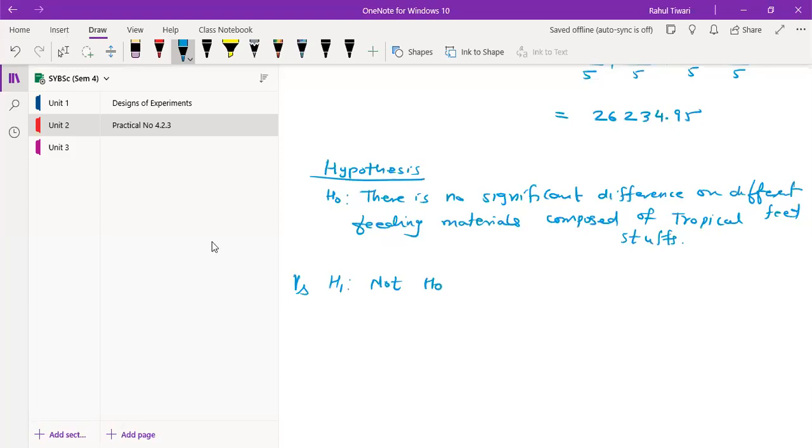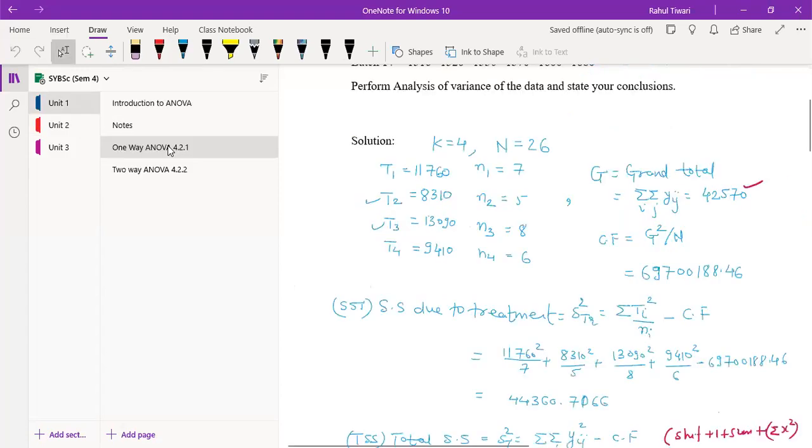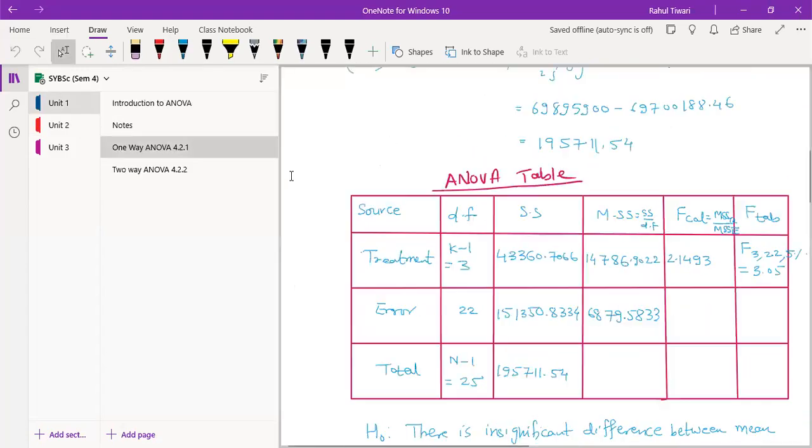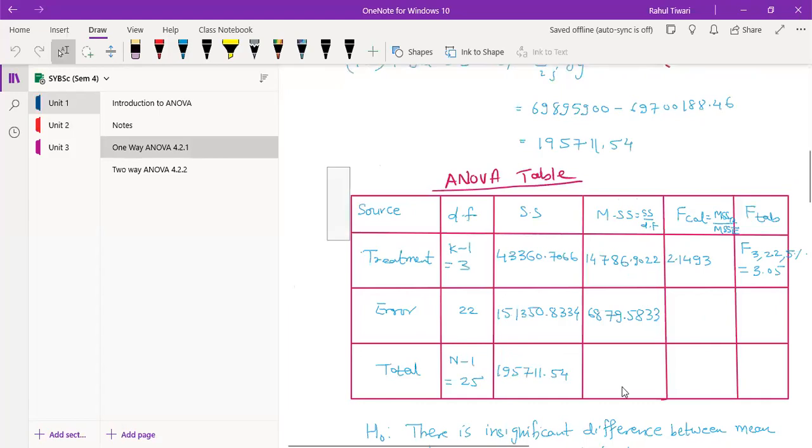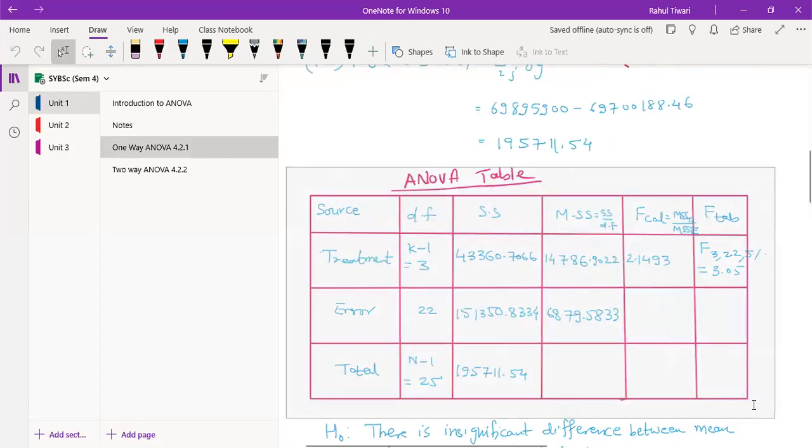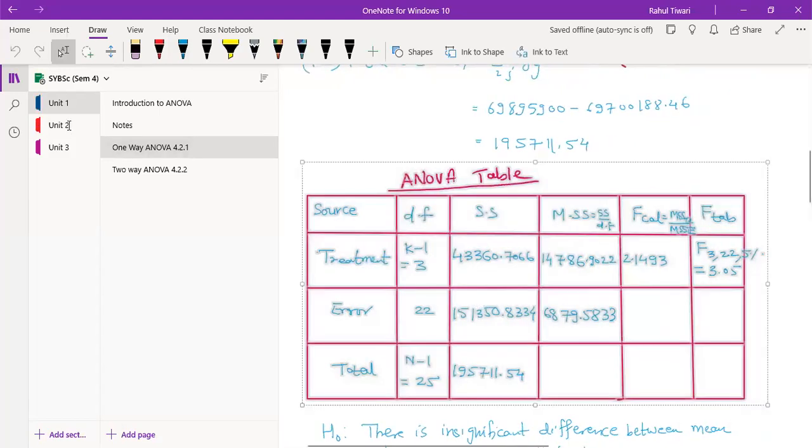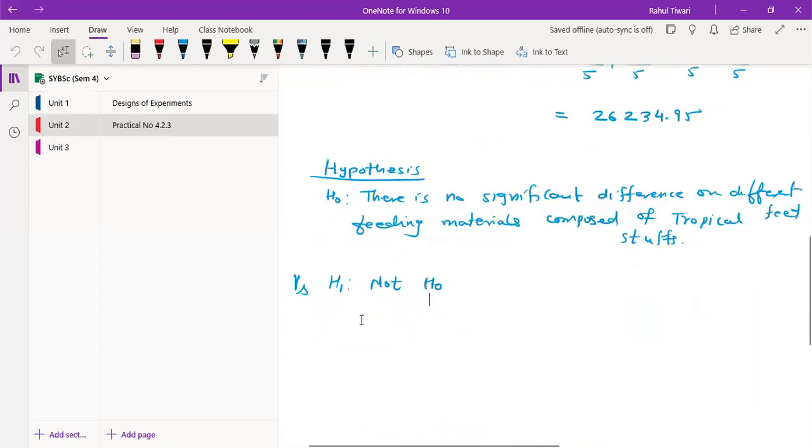And now based on this, you need to create what you call the ANOVA table. Just copying this ANOVA table. So this is the ANOVA table.